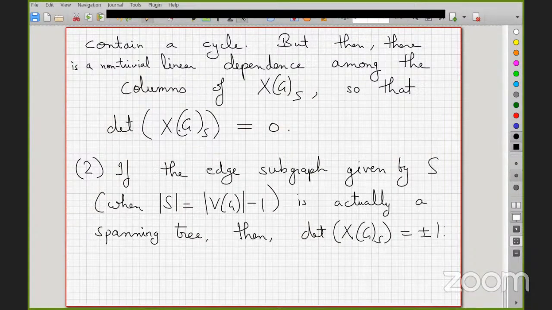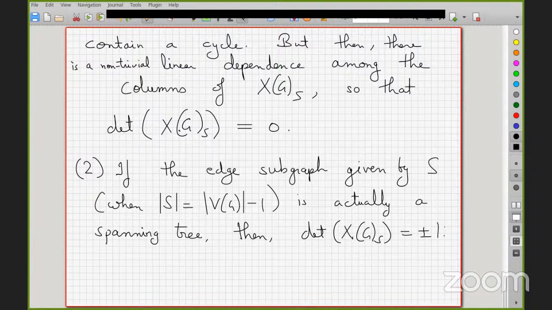You take that out and go to a minor, which is a smaller spanning tree on a smaller set of vertices containing the root, and you keep going until you are left with just the root plus one vertex, in which case it is a 1 cross 1 matrix with a single 1 or -1. So every time you are just multiplying by 1 or -1, expanding along a row which has exactly one non-zero entry. So you just get a +1 or -1. Okay, and this is the proof.